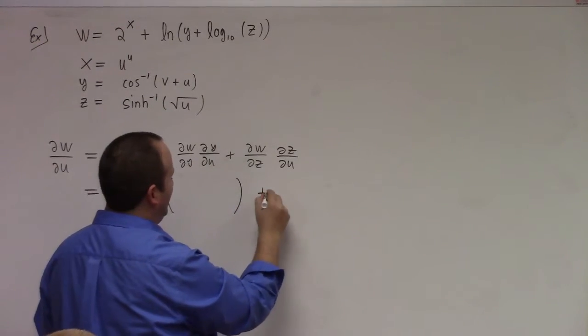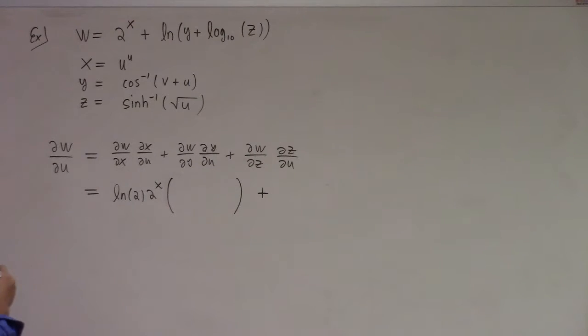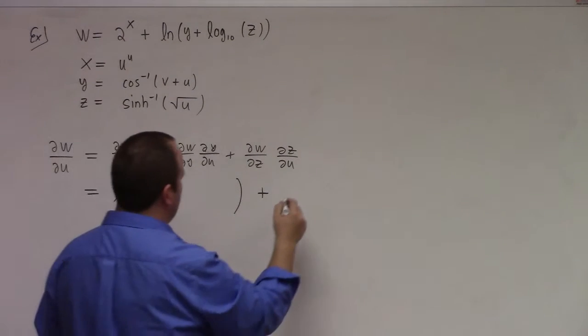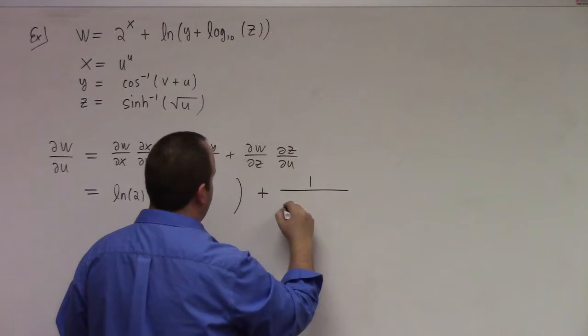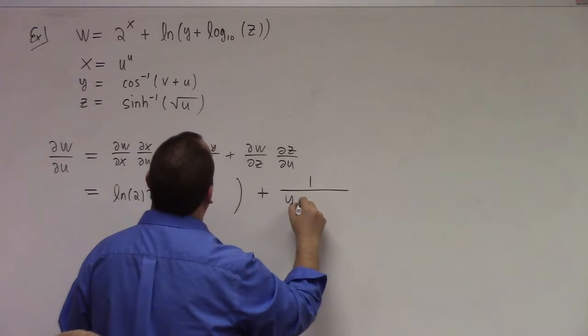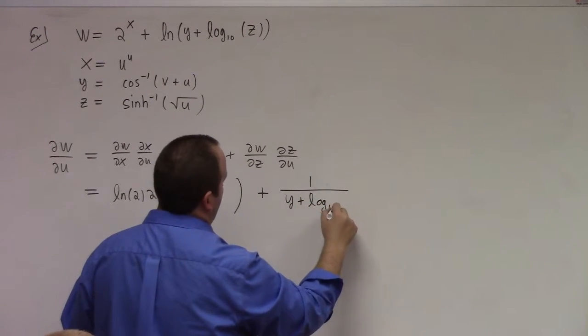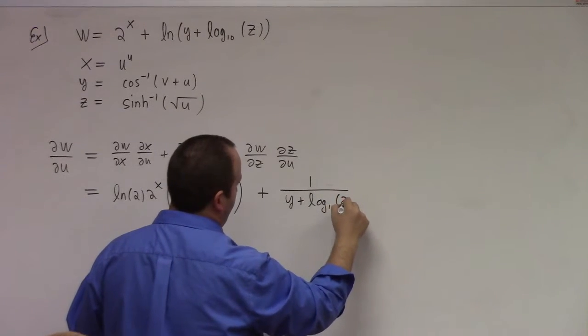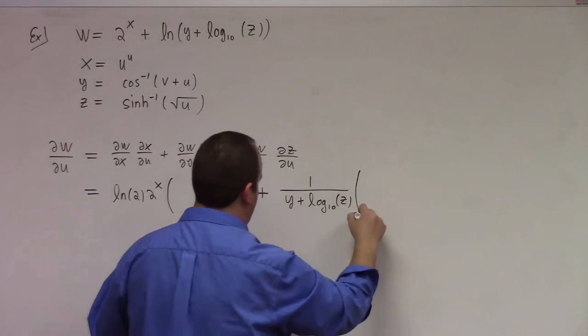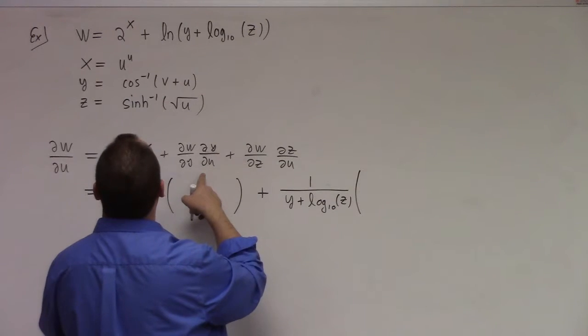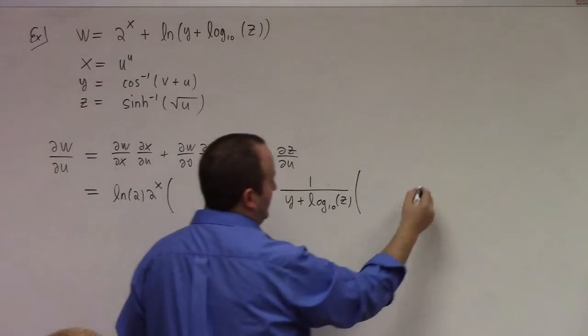Plus partial w, partial y is what? Yes. 1 over the inside function, y plus log base 10 of z. And then I need to make room for partial y, partial u, which I feel like I need this much space for.